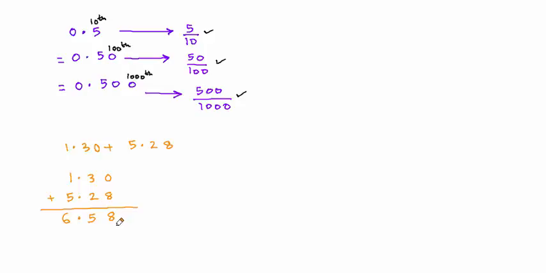Let's try another one. Let's do 65 plus 0.9 plus 4.37. Now, if you look at 65, there's no decimal point. It's an integer. On an integer, the decimal point is right at the end. 65 is nothing but 65.0.